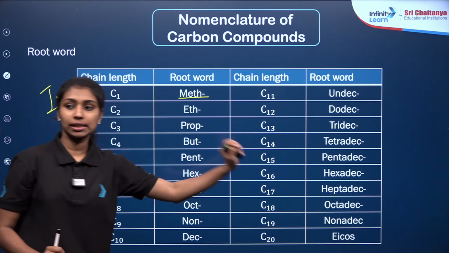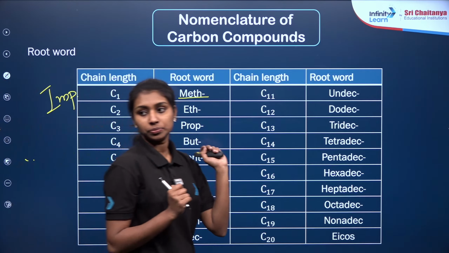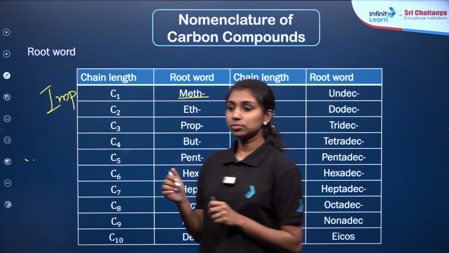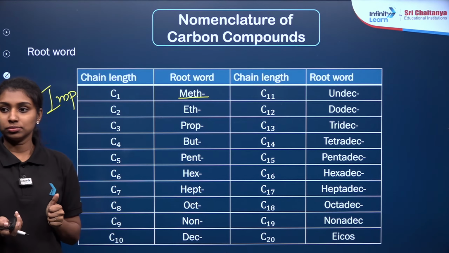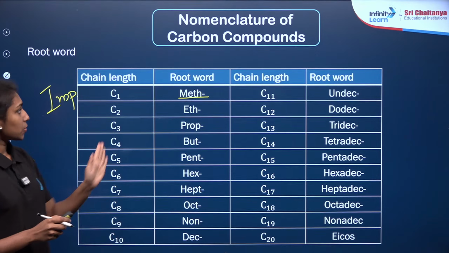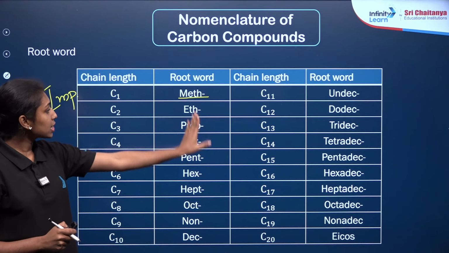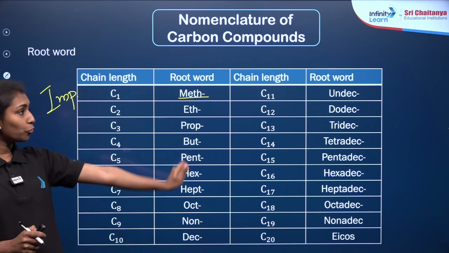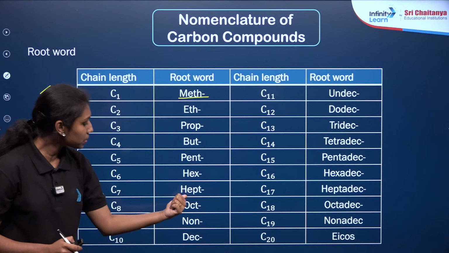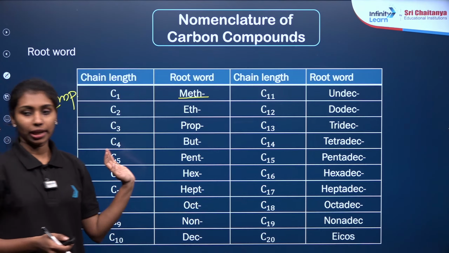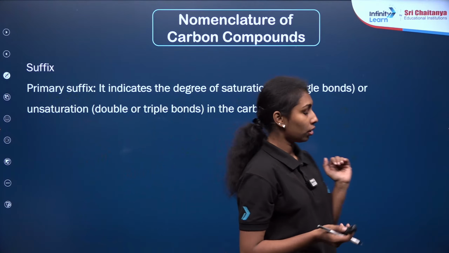Clear? This table is very important. At least you need to have an idea about the root word for the first 10 carbons: meth, eth, prop, but, pent, hex, hept, oct, non, and dec. Okay, I hope you understand.